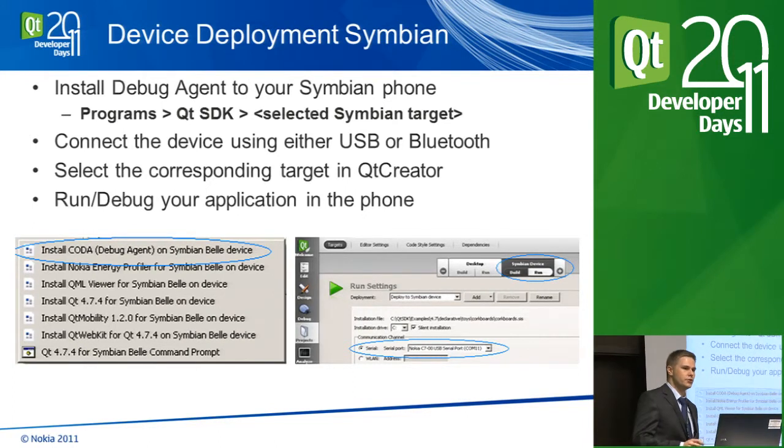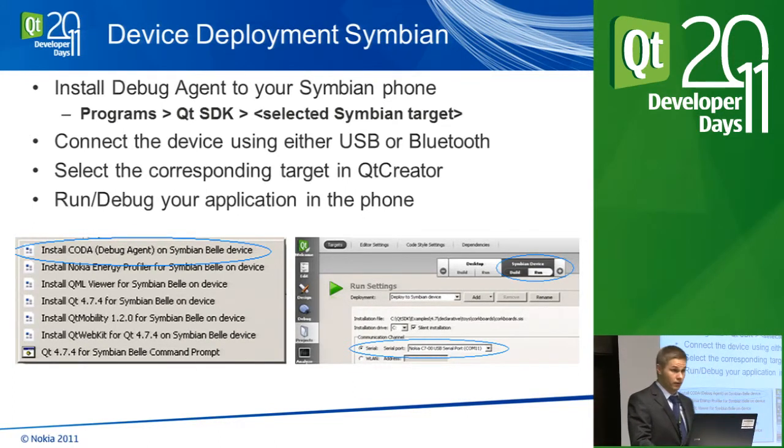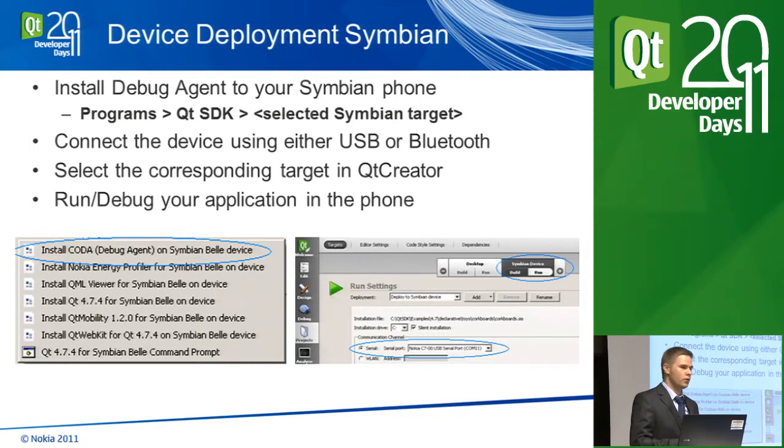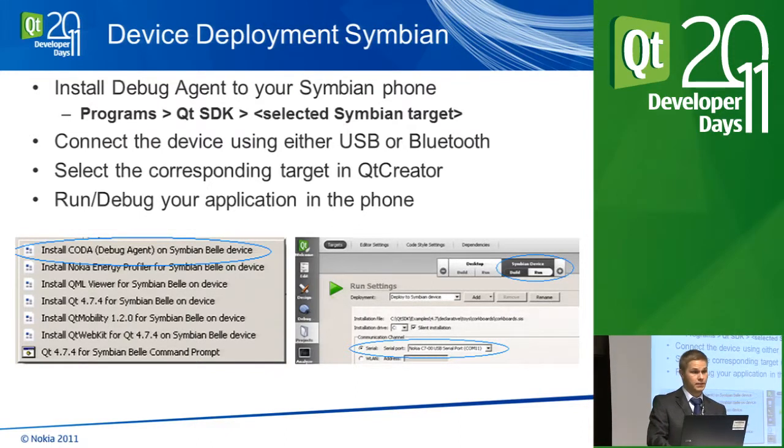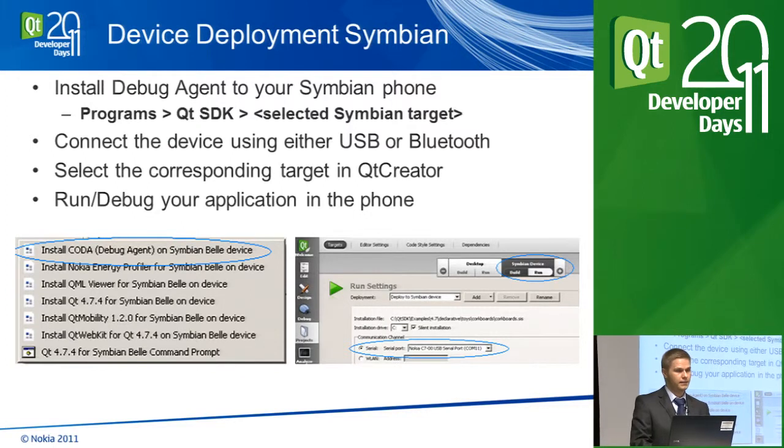For that reason, what you need to do is to use the remote compiler if you want to use Linux or Mac as your primary development workstation. You need to use the remote compiler to build your application remotely and then install it manually. You can send it by Bluetooth or by USB or whatever. But you still don't have the CODA on the device. No, I mean you should be able to find the CODA as an installable SIS package in the SDK.